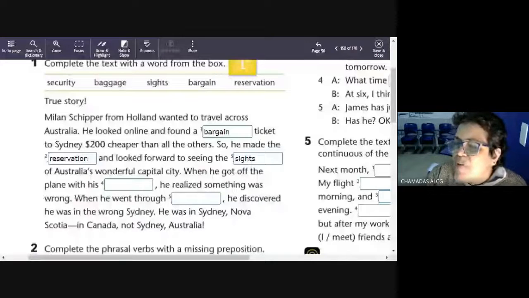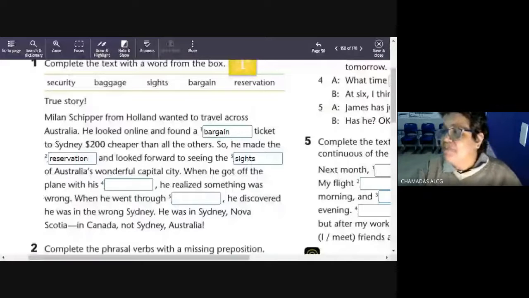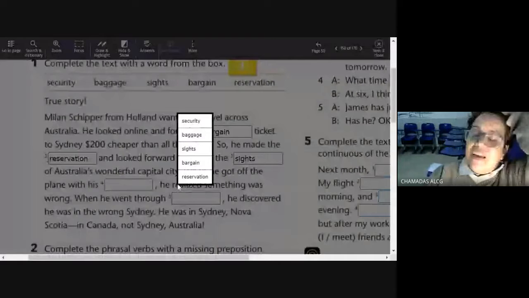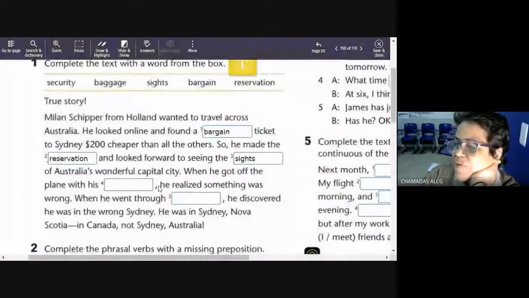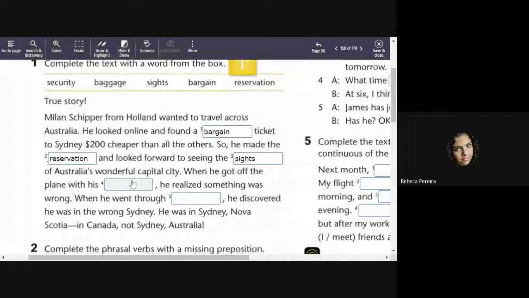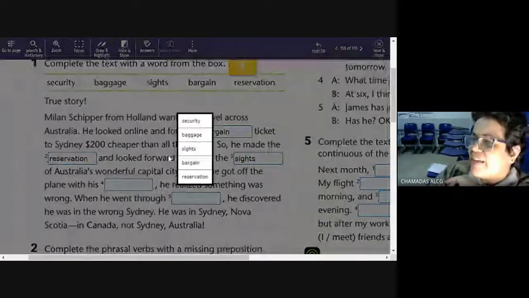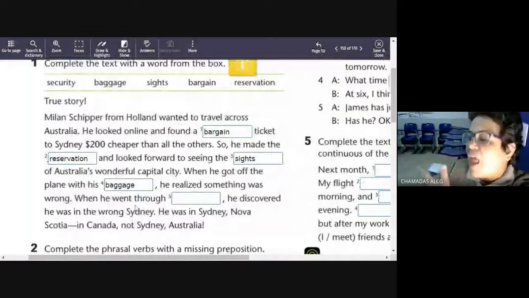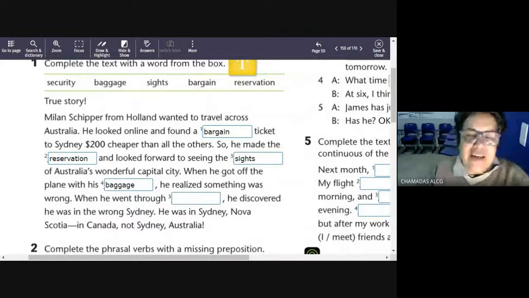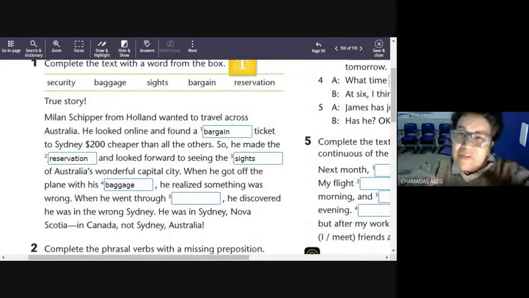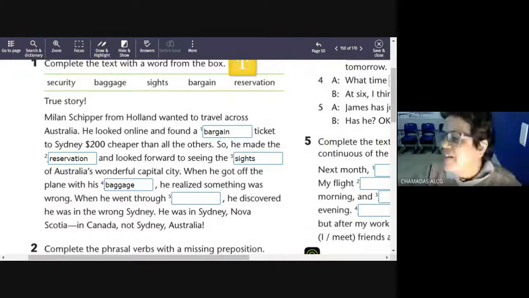When he got off the plane with his baggage, okay? He realized something was wrong. When you arrive at the airport, especially when you go to a different country, you have to go through security, okay?